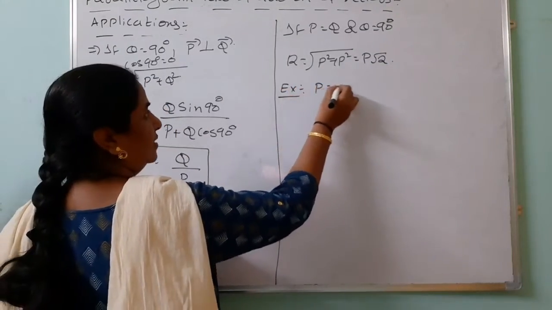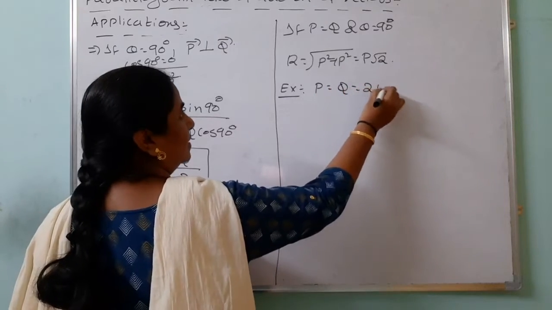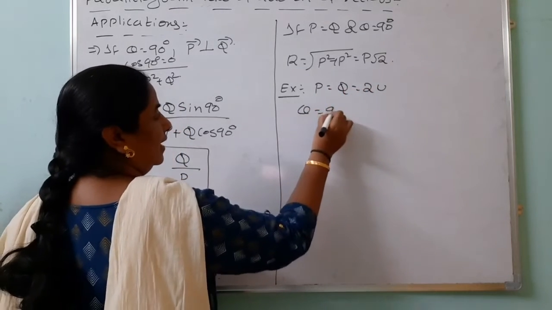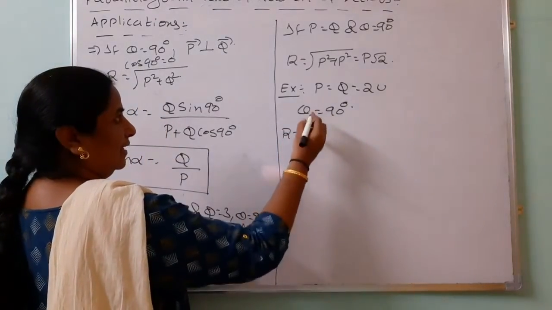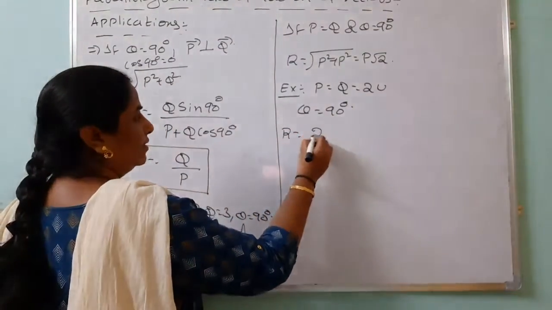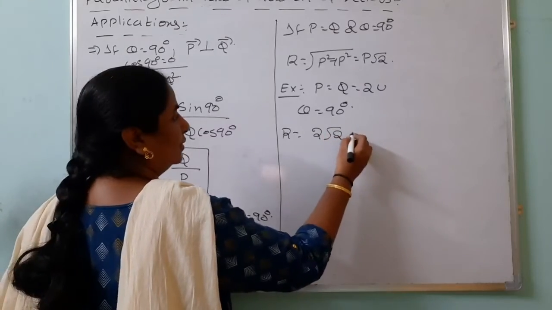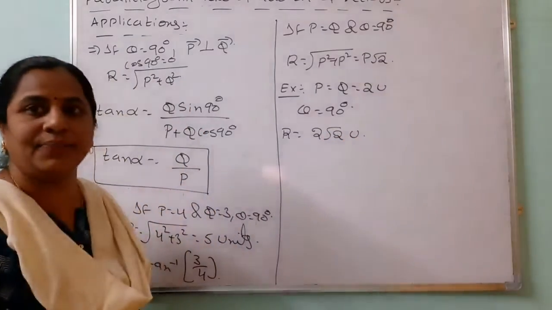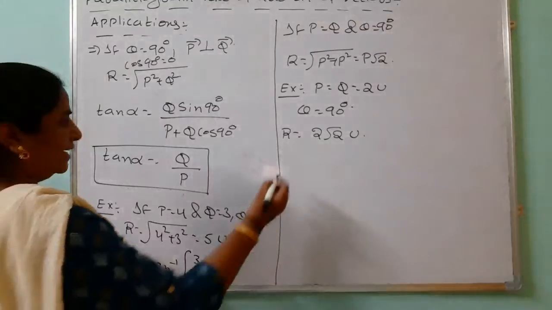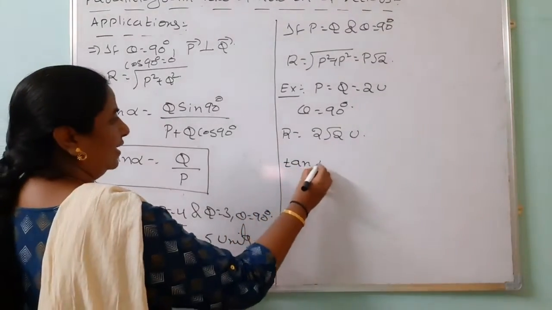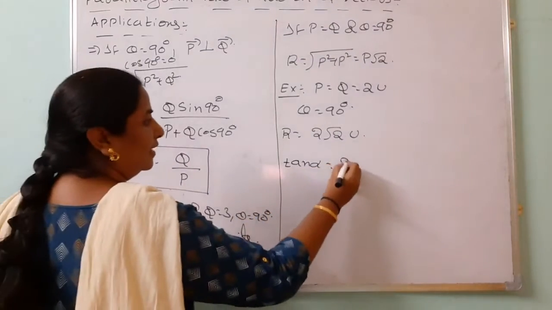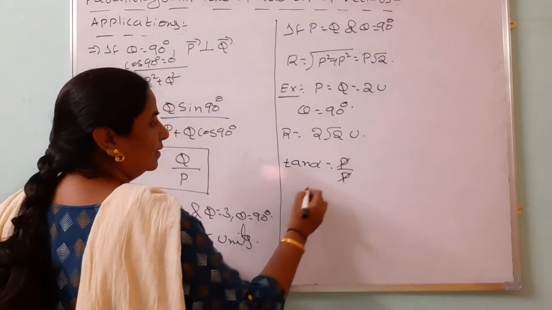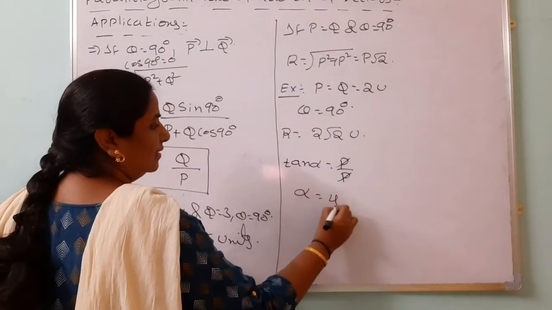See, if P equals Q equals 2 units and theta equals 90 degrees, how do we find the resultant? The P value is 2, so our answer is 2 root 2 units. Directly we can find it. Like that, how do we find the direction? Tan alpha equals Q by P. Now both are the same, so P by P, and directly we can write it is 45 degrees.